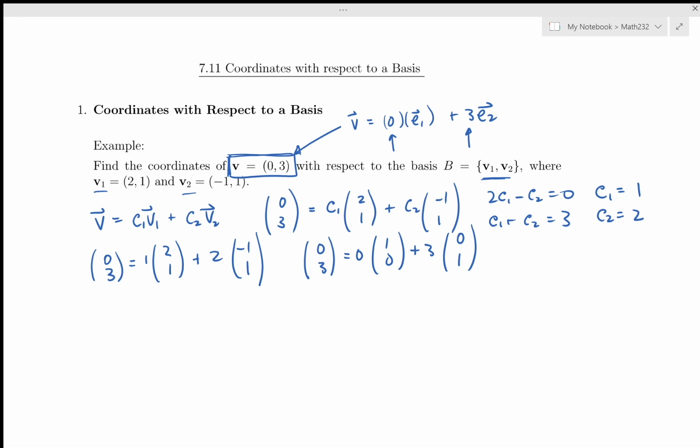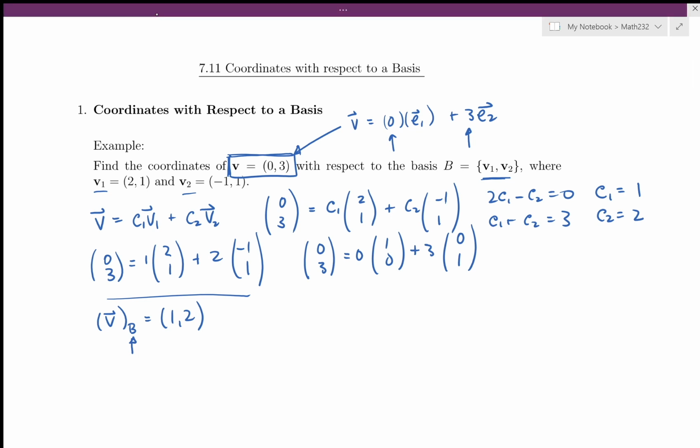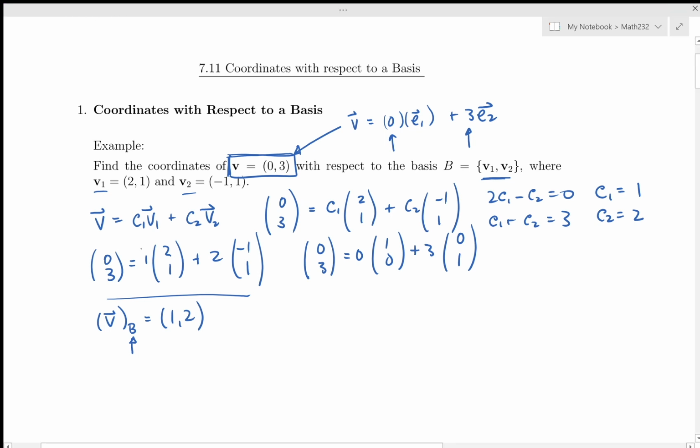When I choose to do something like the first one, I will indicate that this way: the vector v with respect to the basis B is 1, 2. So I'm capturing these two constants here, this one and this one.